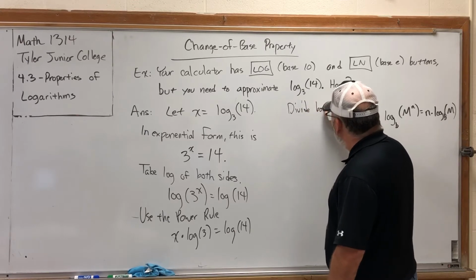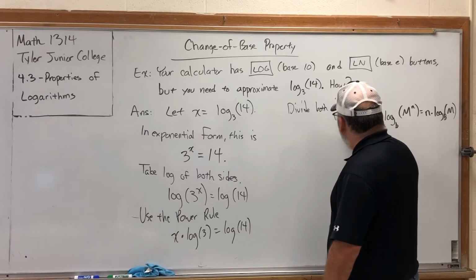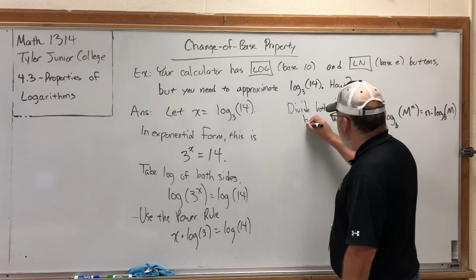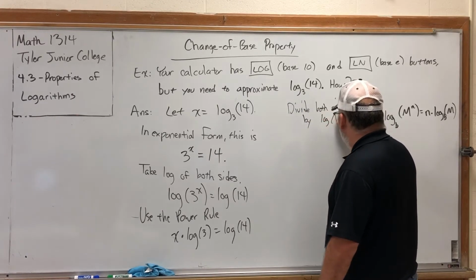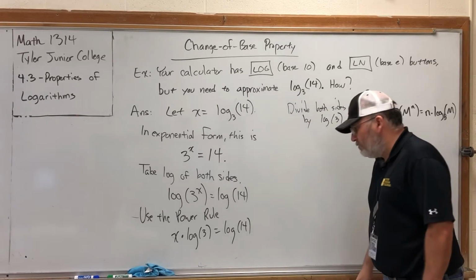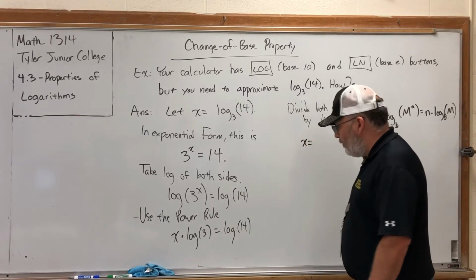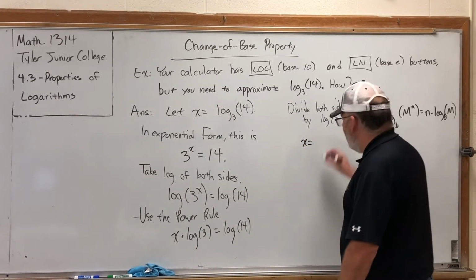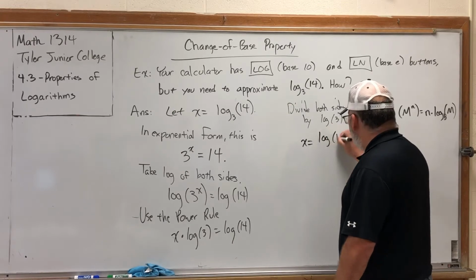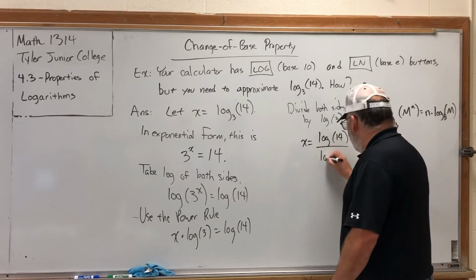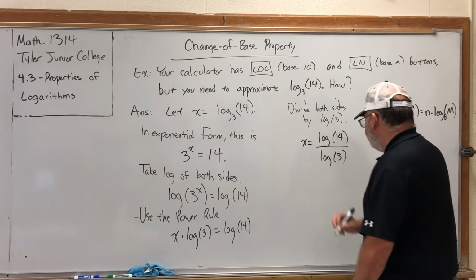Divide both sides by log 3. And if we do that, it will isolate the x, and it will put a log 3 underneath the log 14. So look where we are now.